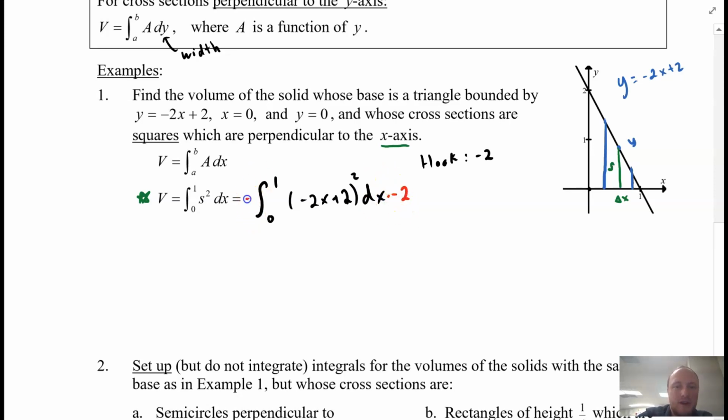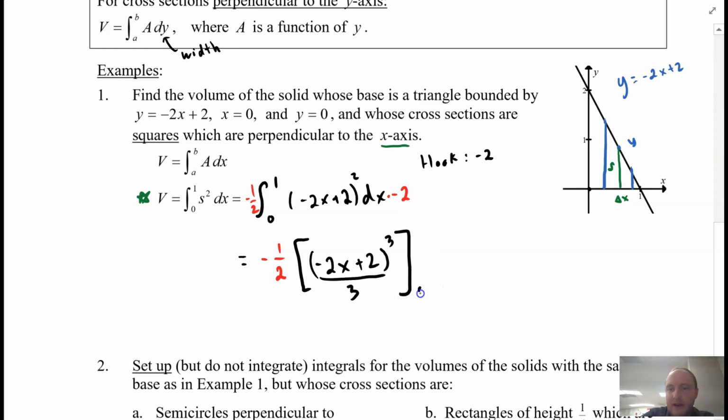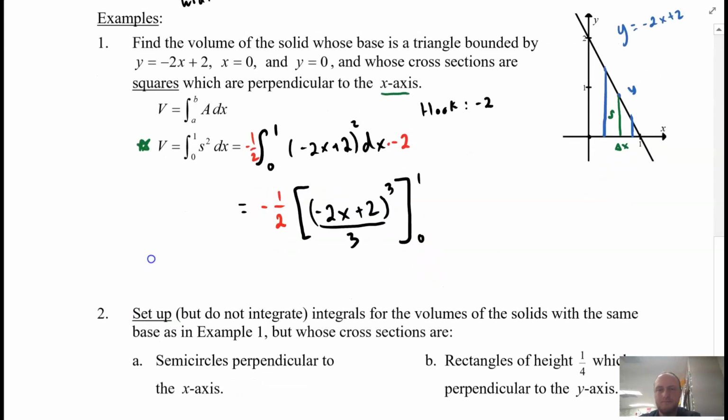And then I have to account for that, so I'll multiply by negative 1/2. So this is equal to negative 1/2 times negative 2x plus 2 to the power of 3 divided by 3, evaluated from 0 to 1.